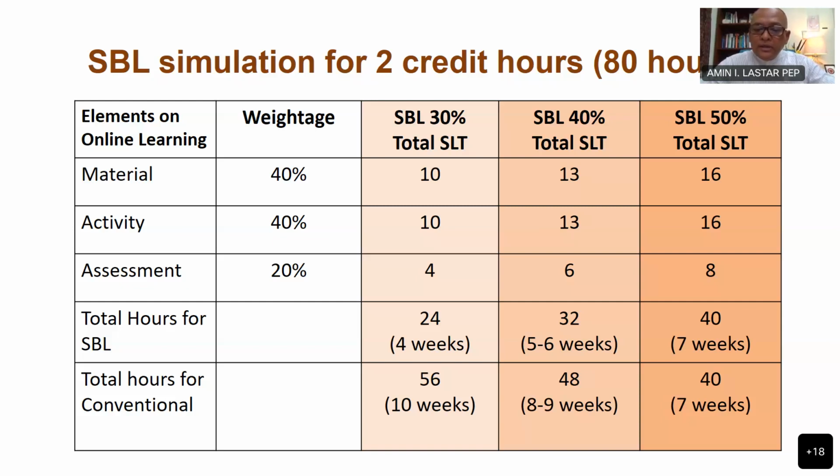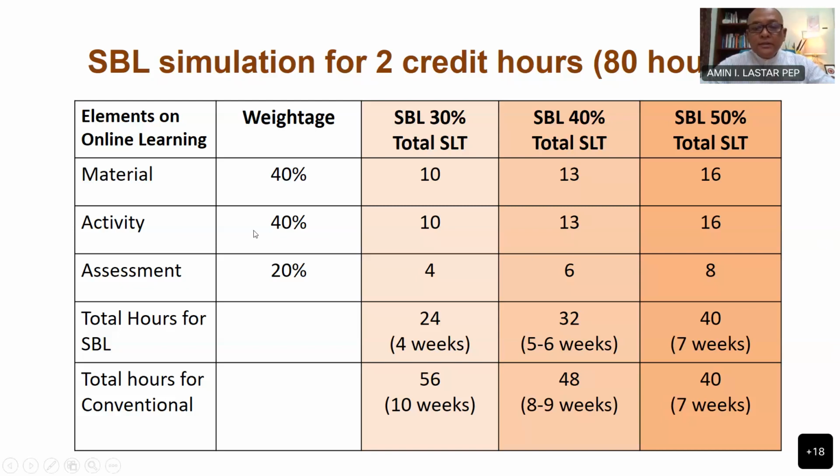That all means 4 weeks. These weeks are the same thing like what I have shown earlier in the table. So 5 to 6 weeks, or 7 weeks for 50%. The differences are only based on the materials, the activities, and the assessment hours conducted.